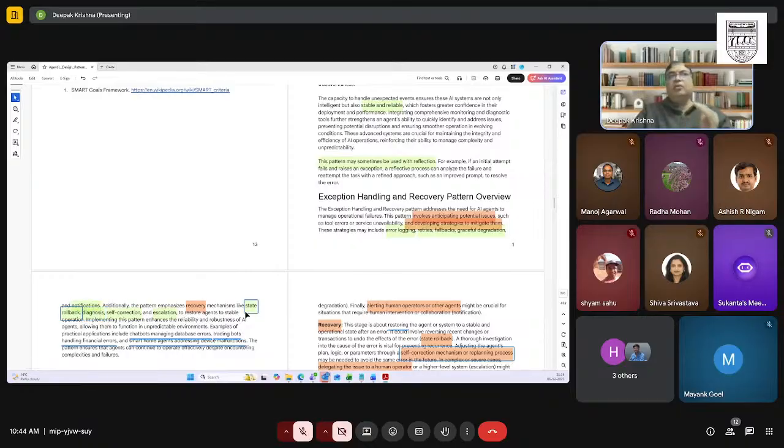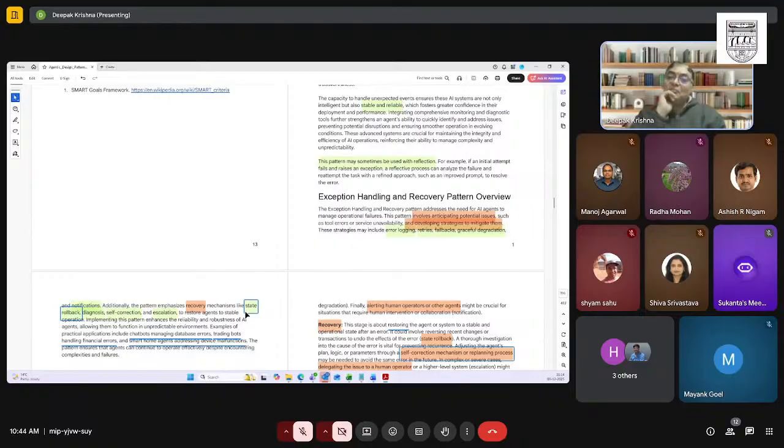What are the recovery mechanisms? For example, we can do a state rollback, right? State rollback means whatever state we are in, we will roll everything back. Suppose I want to book a hotel and a flight ticket, right? Suppose I booked the hotel, and then I started booking my flight ticket. And now it says you are trying with Indigo, and Indigo flights are being cancelled today, right?